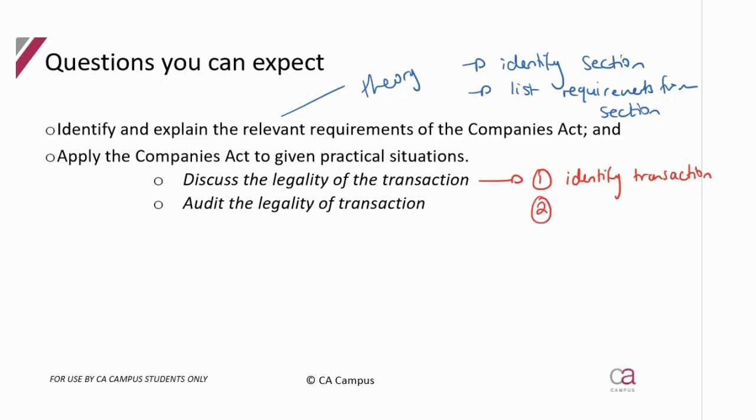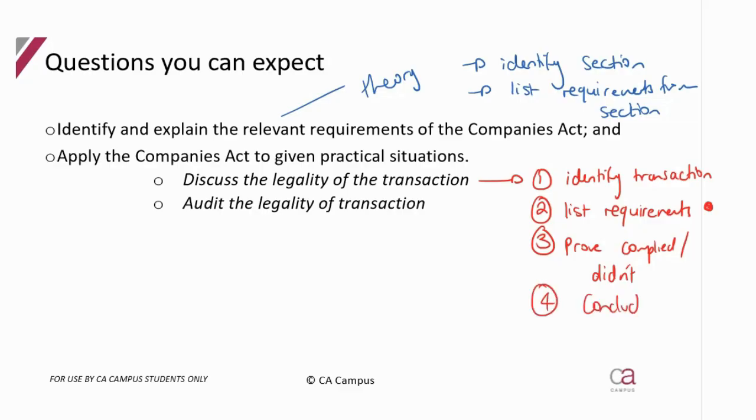And then, guys, you need to list the requirements from the Act so that you can then go and prove if they complied or didn't. Because you've listed them up front, you know exactly what they should be doing, and then you can prove they didn't do this, they didn't do this, they did this, they did this. It is therefore finally concluding if it was legal or not.